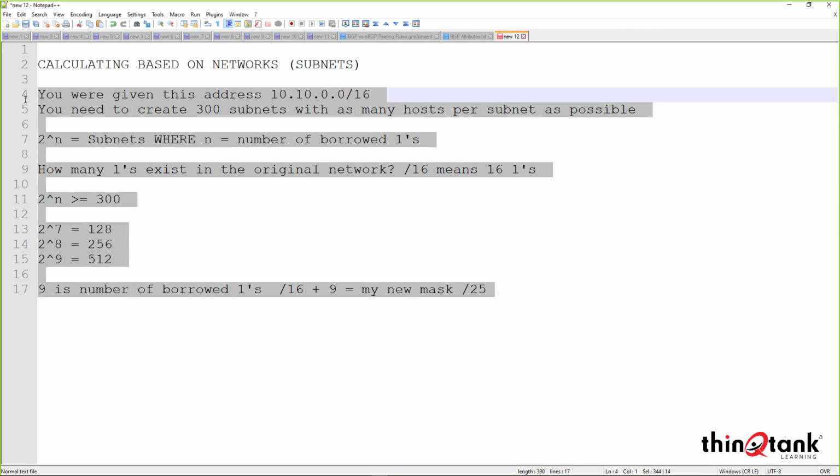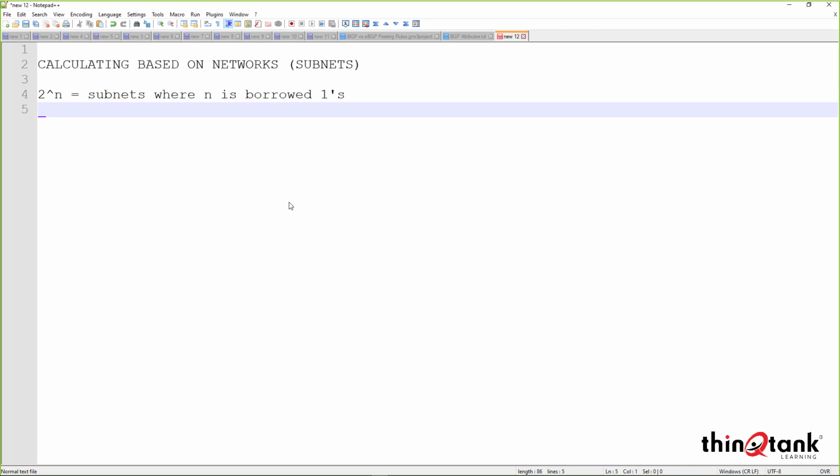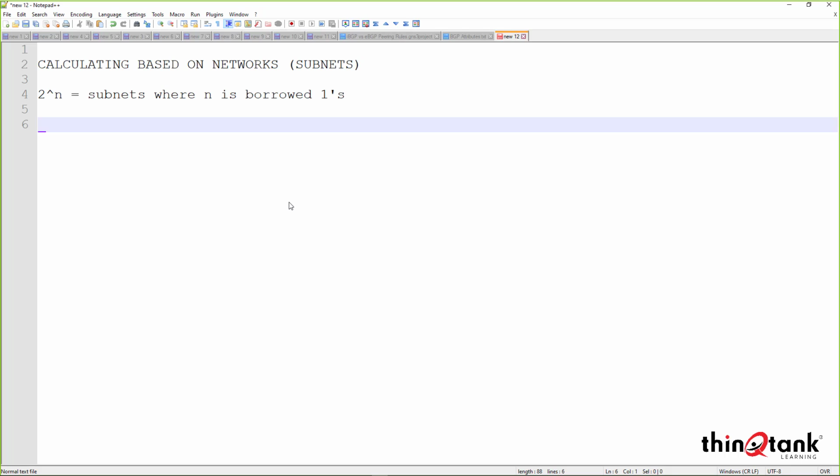Calculating based on the number of networks. Again, the formula is 2 to the power of n equals subnets where n is borrowed ones. All right, so let's look at this from a different perspective. I started with a slash 24 and I ended with a slash 27.